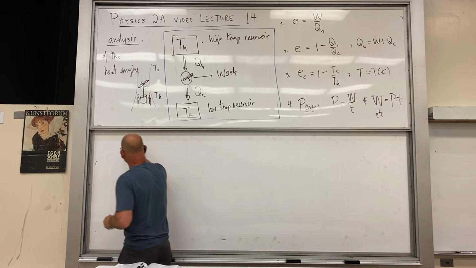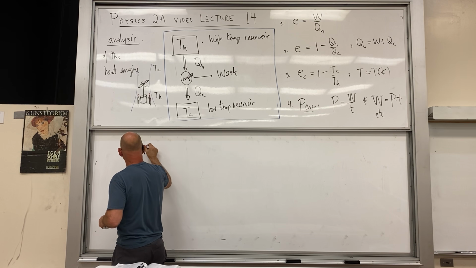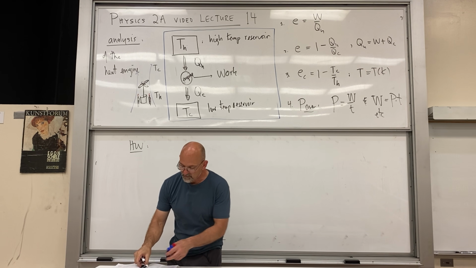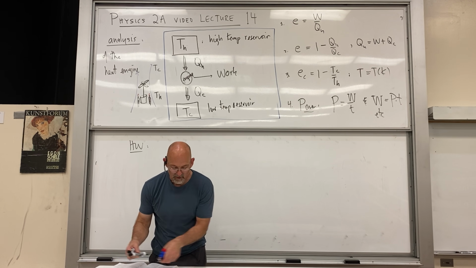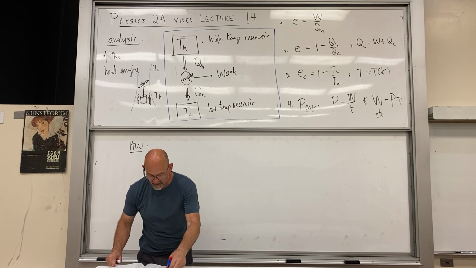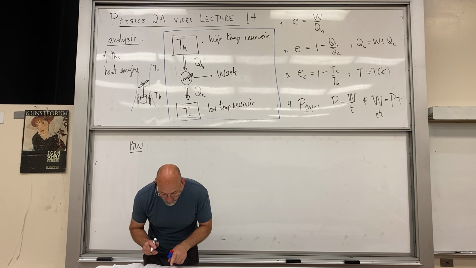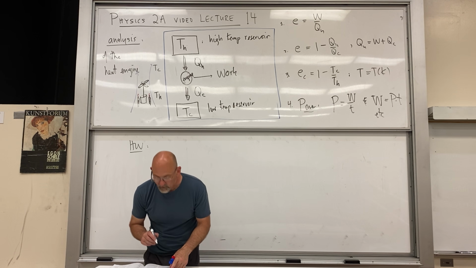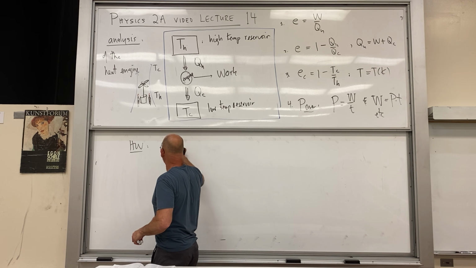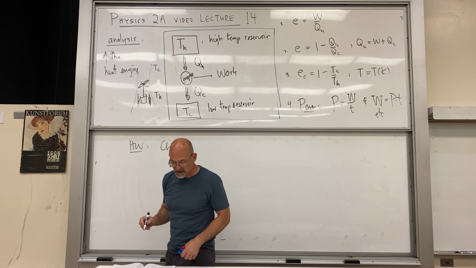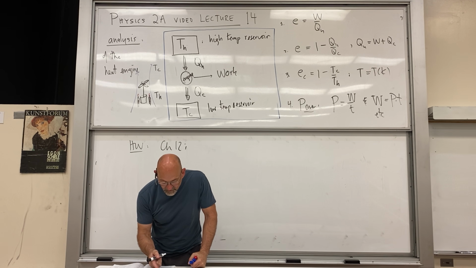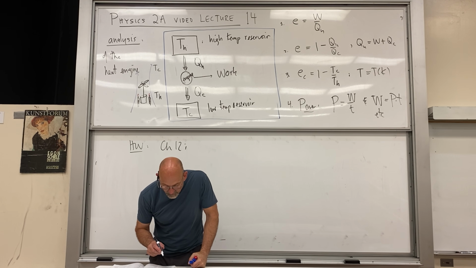So let's see what we have here. Homework. And I'll put one, even possibly two of these, more likely one, on the final exam. But I'm going to make them all pretty similar. So we're looking here at chapter 12, and the section on heat engines and the second law of thermodynamics.